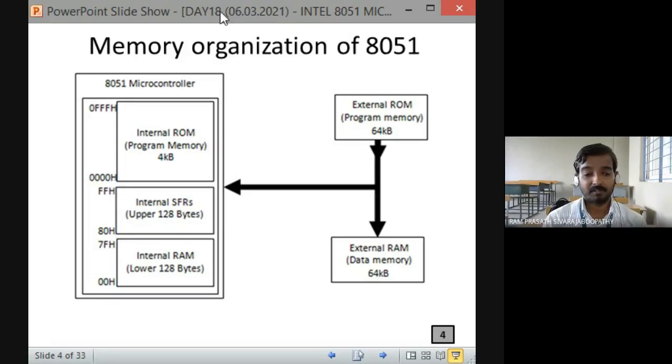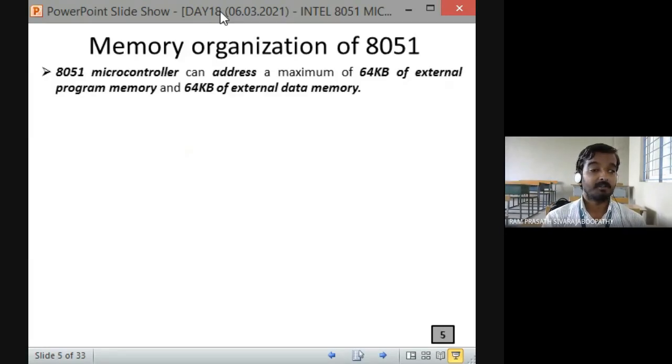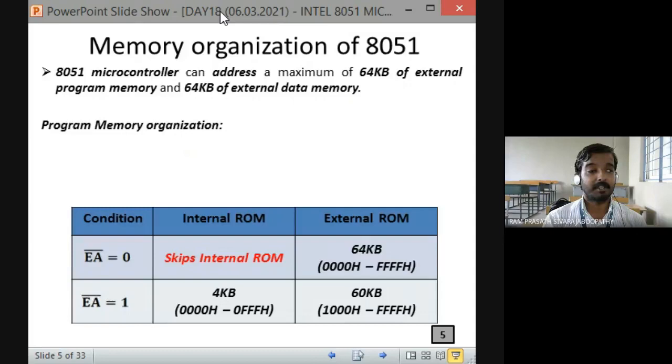So 8051 microcontroller can address a maximum of 64 KB of external program memory and 64 KB of external data memory. Correct? The program memory can be selected with the hardware pin. If EA bar equal to 0 means the total program will be executed from the external ROM alone. If EA bar is equal to 1 means up to 4 KB it will execute the program from internal ROM.